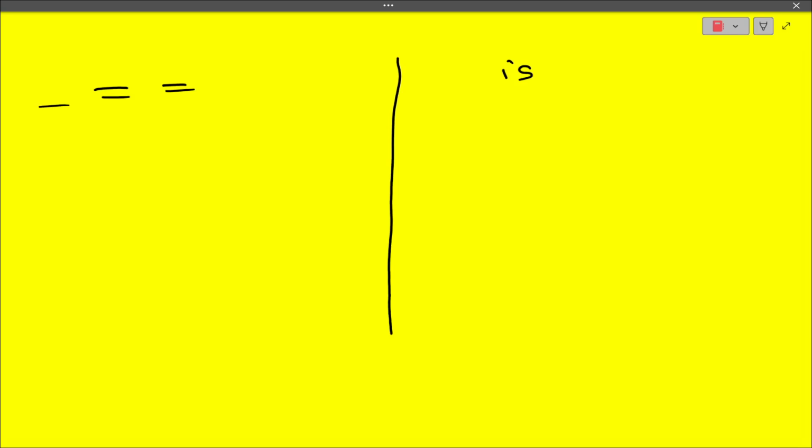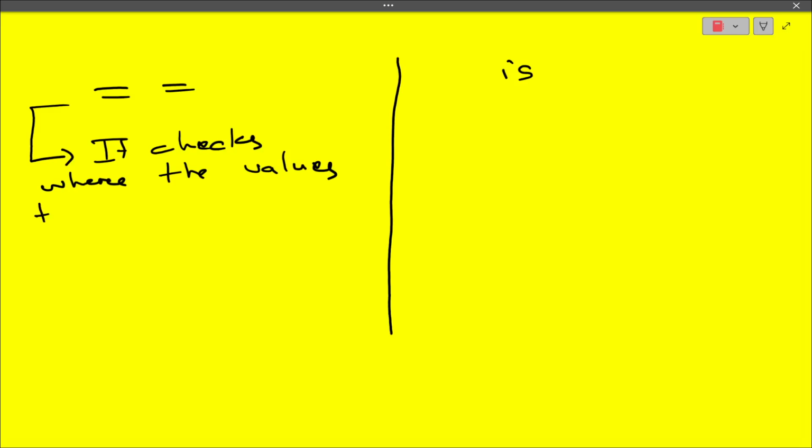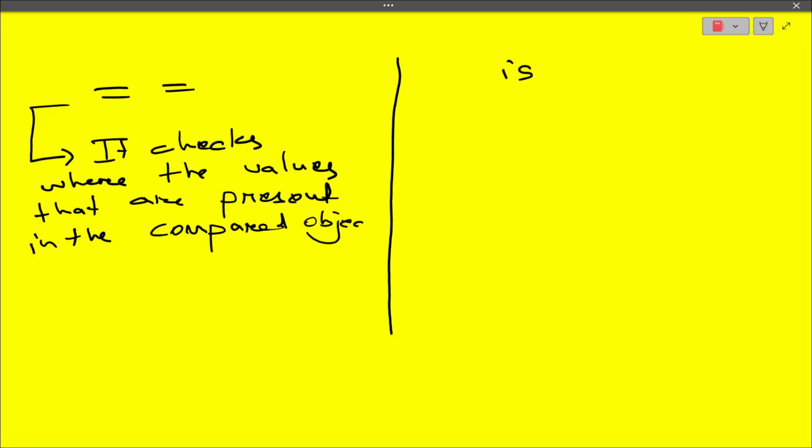So what does double equal to do? It actually checks whether the values present in the compared objects are same or not, okay?